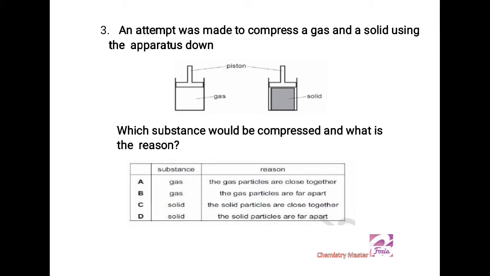So we see which substance would be compressed and what is the reason. There are 4 different options in which 2 kinds of substances are given. Suppose a gas is taken in the cylinder and the piston comes down.